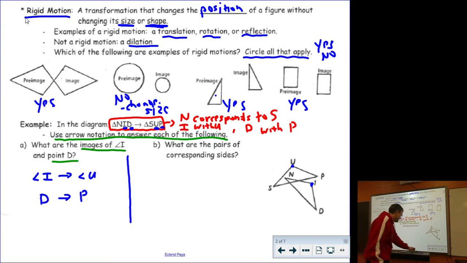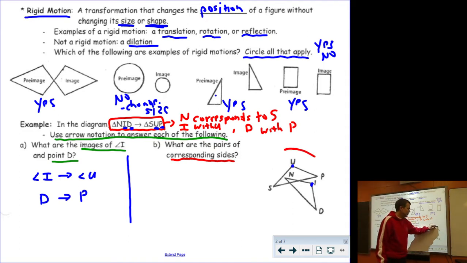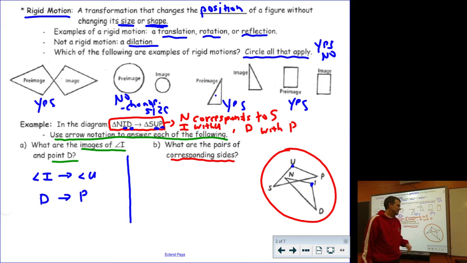And then I have a second question. What are the pairs of corresponding sides? So I could look over here at the diagram and see which sides seem to go with each other. But the thing is, this is a tricky one, because these triangles are isosceles triangles.